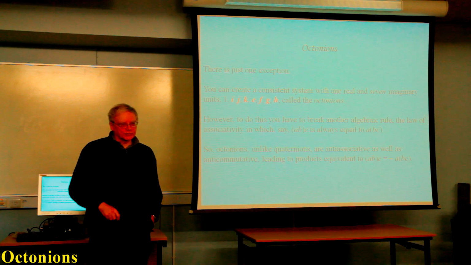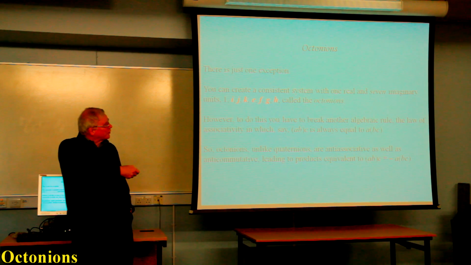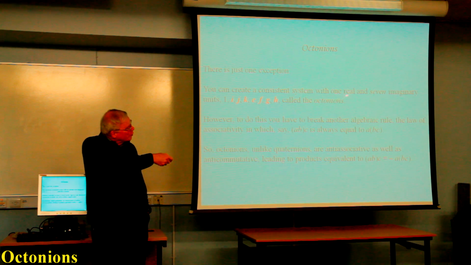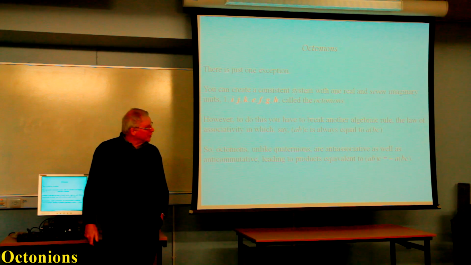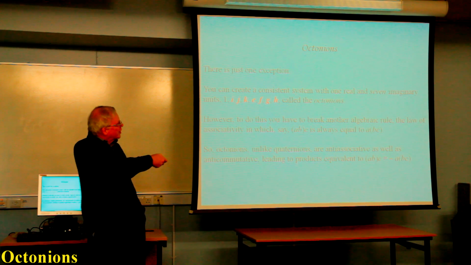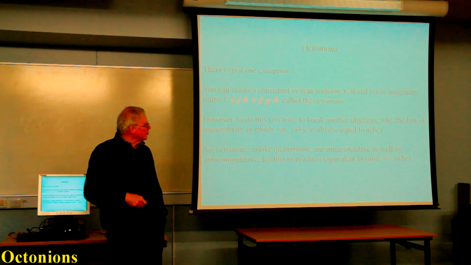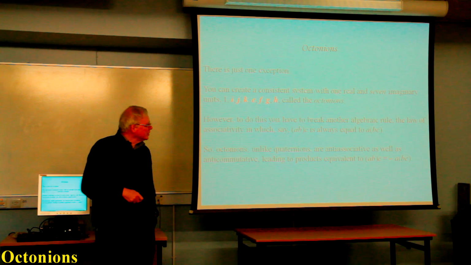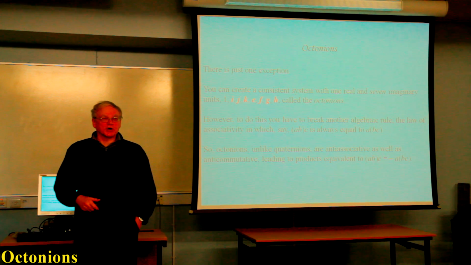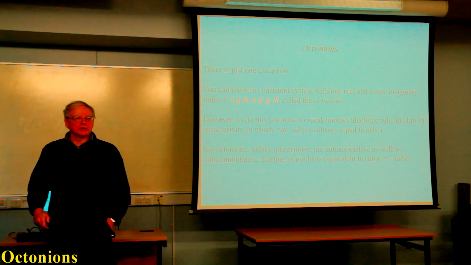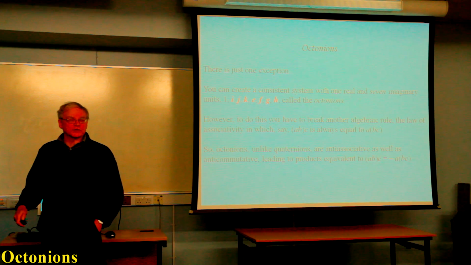However, there is an exception to that. The exception is that you can do it with 1 real and 7 imaginary units, i, j, k, e, f, g, and h, which we call the octonions. However, if you want to do this, you've got to break yet another algebraic rule. You've got to break the rule of associativity.